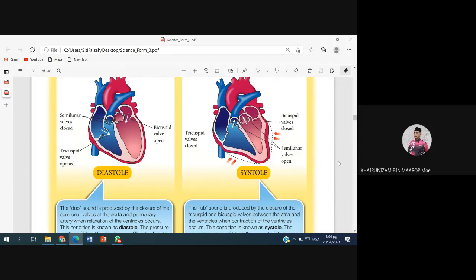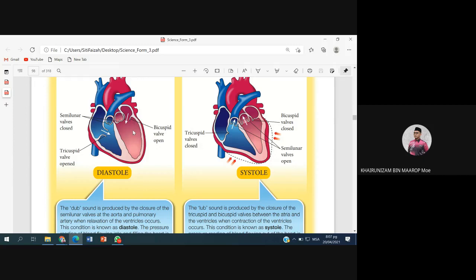The blood goes to the pulmonary artery, and then to the lungs, and then enters the heart through the pulmonary vein.